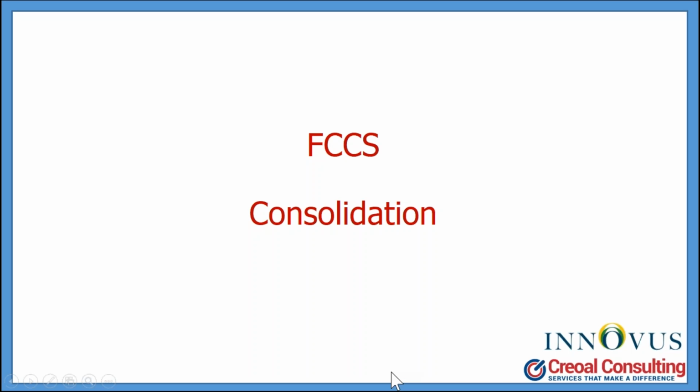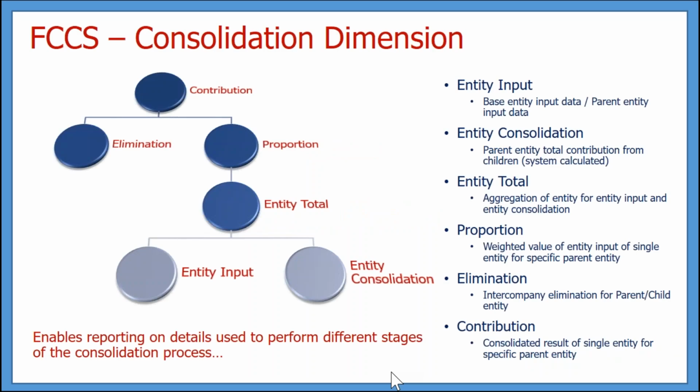The goal here is not to have you walk away understanding exactly how FCCS does that. I actually put this next slide in more for reference, so you can, if you want, download the deck and take it all in. But again, what I wanted to show here is graphically how FCCS performs a consolidation. And then on the next slide, I'm going to show you what it would look like in a report.